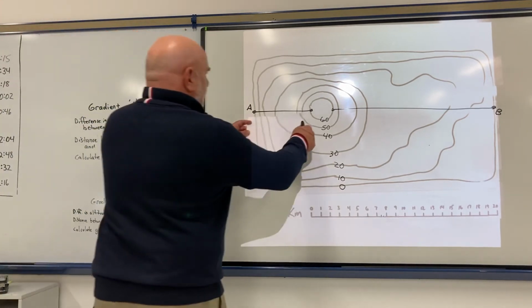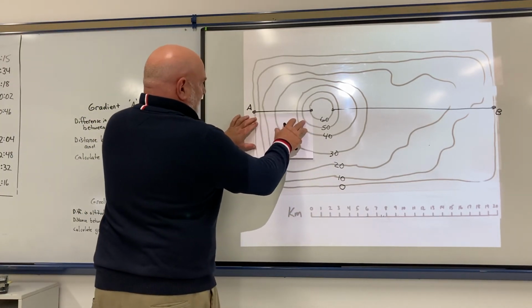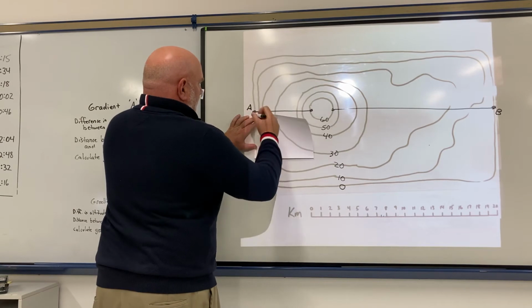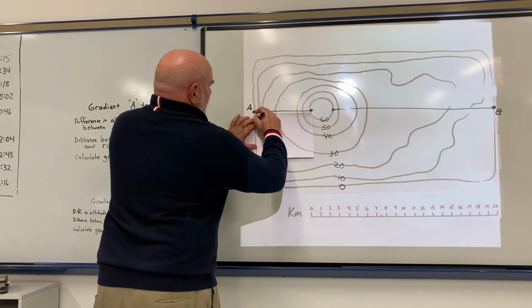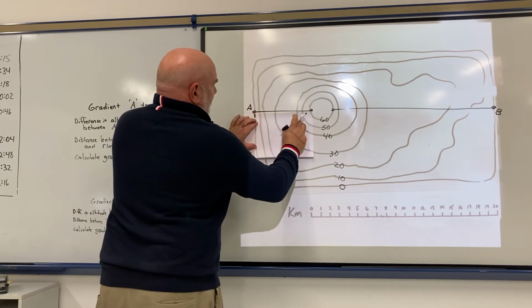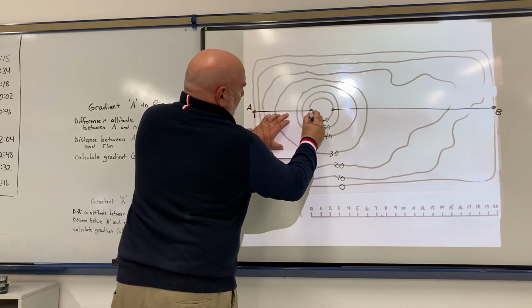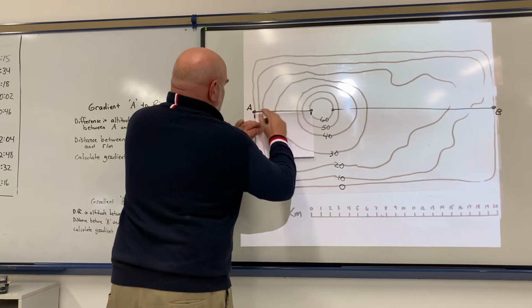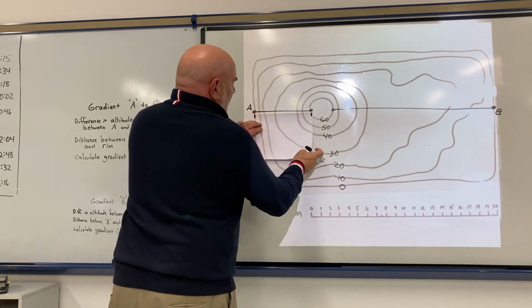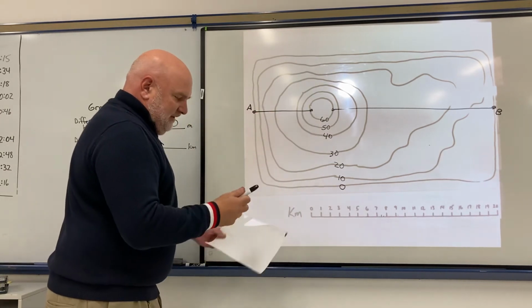I take a piece of paper and I mark off where A is, which is right there. I mark off where the rim is on my paper, which is right there. It just so happens by coincidence, it's like the same length as a piece of paper.